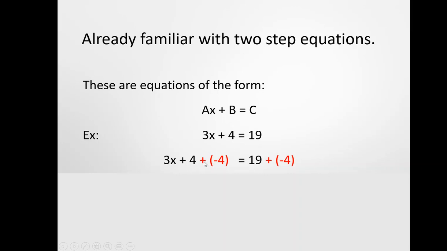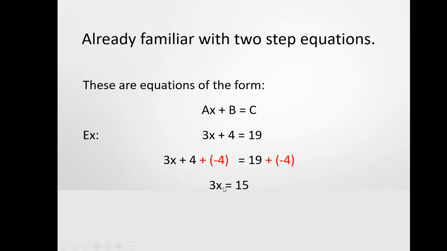And so that's what we have here in red. Plus negative 4. And of course, if we do it to one side, we have to do it to the other. 4 plus negative 4 is, of course, 0. That's the whole point of adding the opposite of plus 4. And 19 minus 4, well, that's going to be 15. So we ask ourselves, do we have anything else that we can combine or move? No, that variable term is right there by itself.